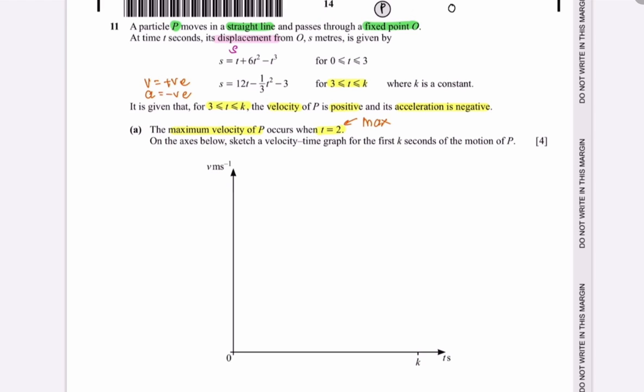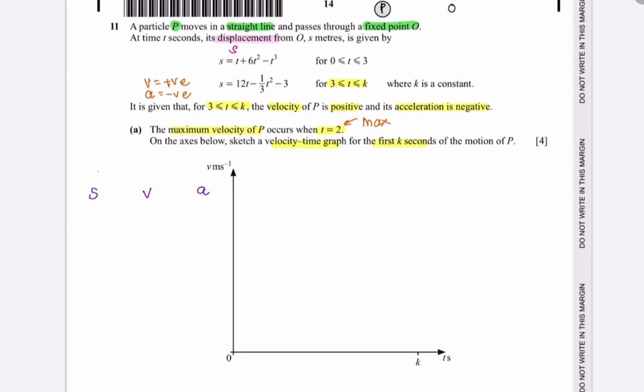On the axis below, sketch a velocity-time graph for the first k seconds of the motion of P. Okay, before we start, let's do some quick revision. This is chapter 14, calculus. You need to be able to apply differentiation and integration to kinematic problems. In kinematics, you have displacement, velocity, and acceleration.